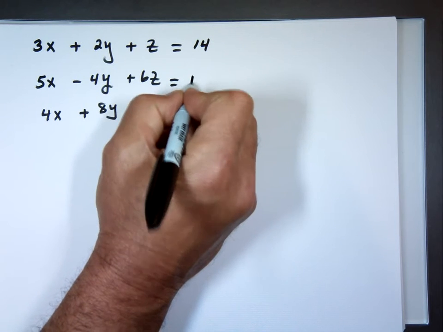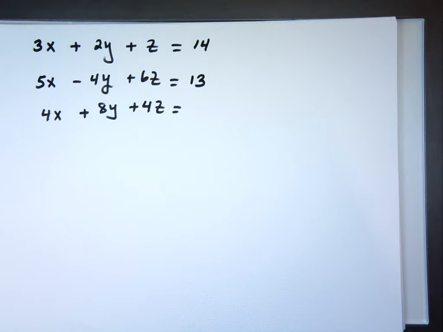Let's make that 13. Let's make that a 0. As I said, you can use the addition method or substitution to shrink that to 2 equations by 2 unknowns. I did the elimination method on the other one. I'll use the substitution here.